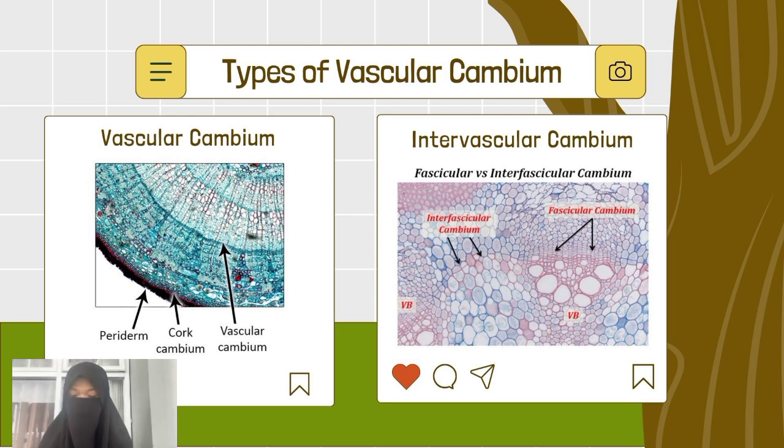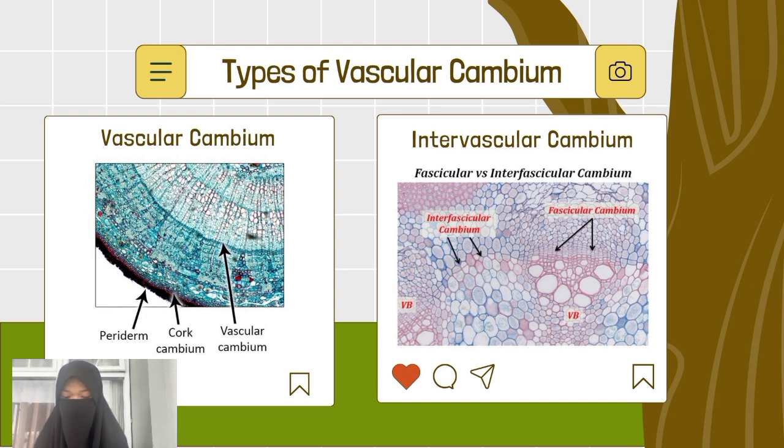Okay, there are two types of vascular cambium. First is fascicular cambium, located within the vascular bundle between the primary xylem and primary phloem. The function is to produce secondary xylem, or wood, toward the inside and secondary phloem toward the outside, leading to stem and wood thickening.